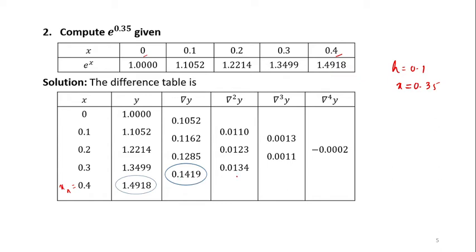In the column del square y, the last element, 0.0134, represents del square yn. In the next column del cube y, the last element 0.0011 represents del cube yn. In the column del power 4 y we have only one value, minus 0.0002, which represents del power 4 yn.